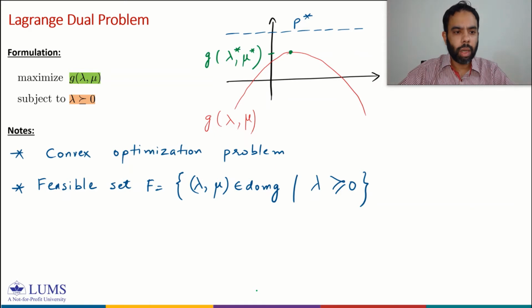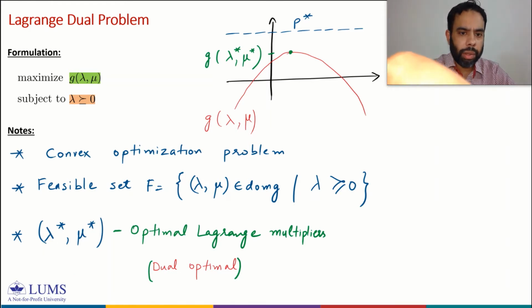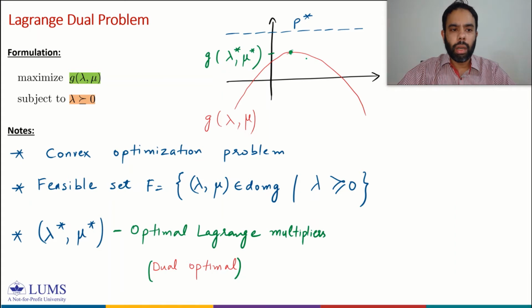When we solve this maximization problem, we get the optimal variables lambda star, mu star, and we refer to those as optimal Lagrange multipliers, and we also call them dual optimal variables. When you evaluate this Lagrange dual function at lambda star, mu star, what you get is this value here. So for lambda star, mu star, the Lagrange dual function provides us the best lower bound on p star.